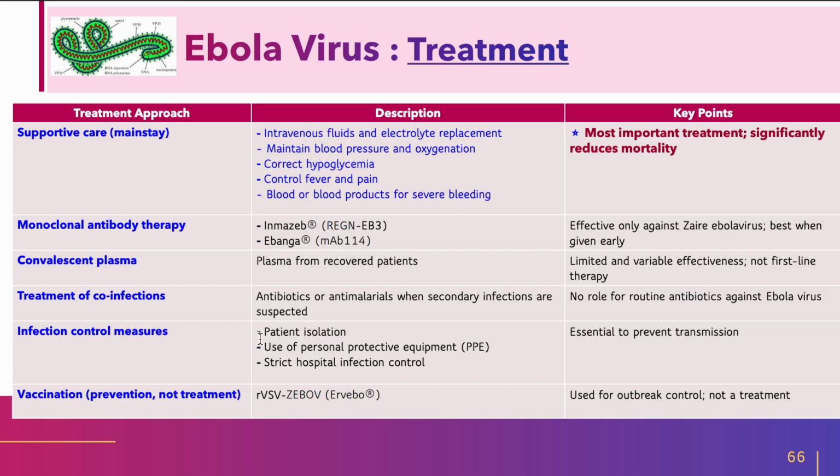For infection control measures, if you know that a patient is infected with the Ebola virus, you have to isolate that patient, use PPE for yourself, and strictly control in the hospital to prevent transmission to other people or other patients. Vaccination is for prevention only. We have Ervebo or rVSV-ZEBOV.